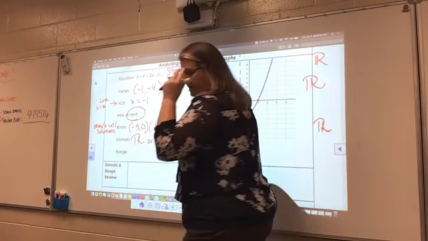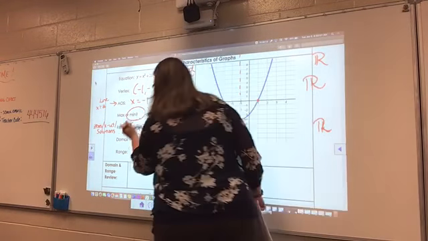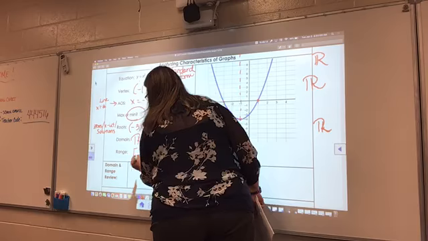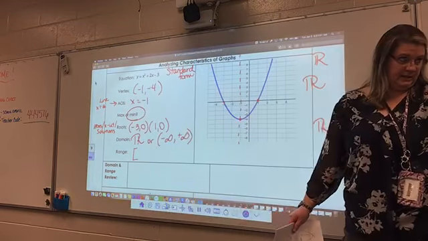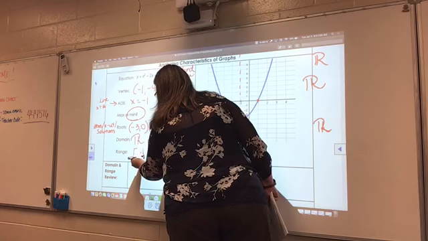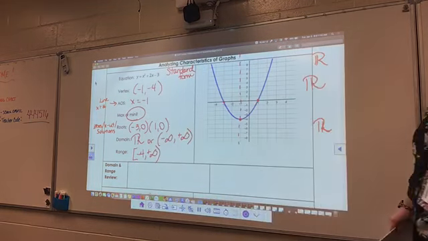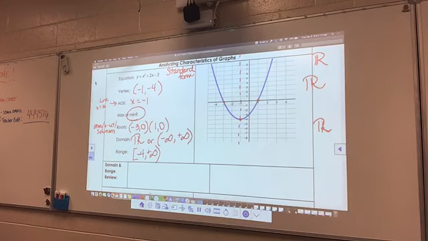If I'm including -4, my bracket is not going to be a parenthesis, it's going to be the bracket itself, because I'm including -4. And then I'm going to positive infinity. Notice for positive infinity we only have a parenthesis.